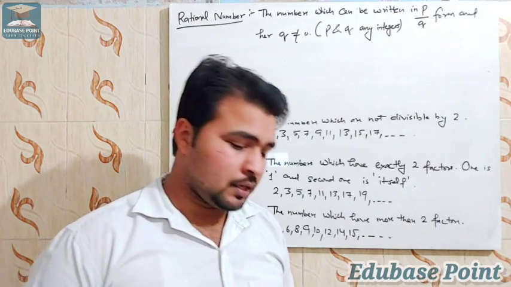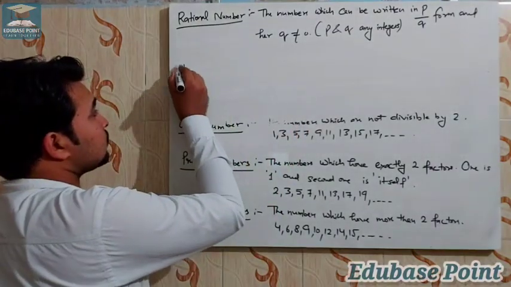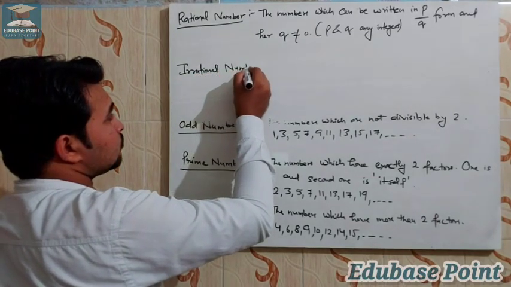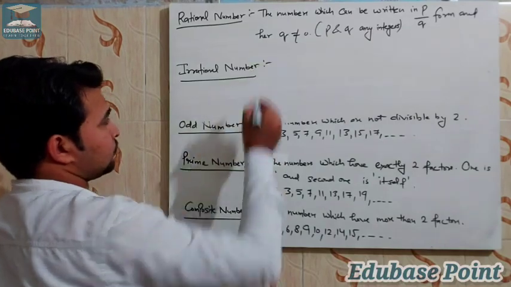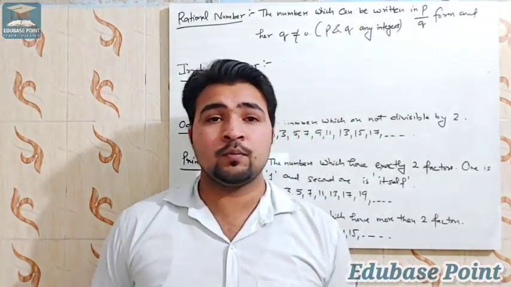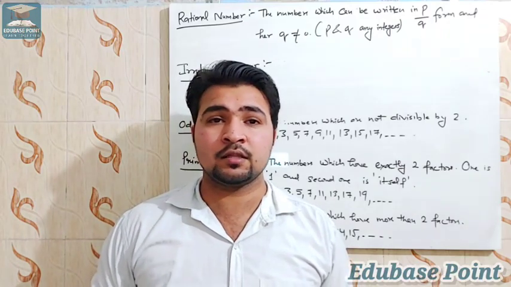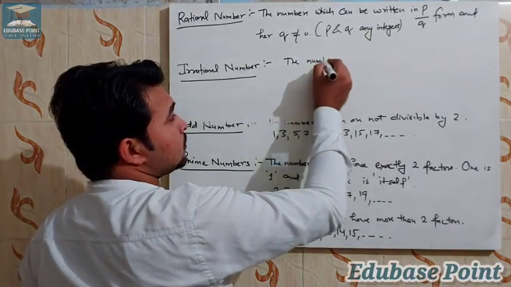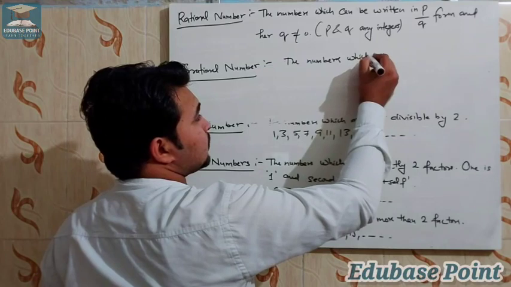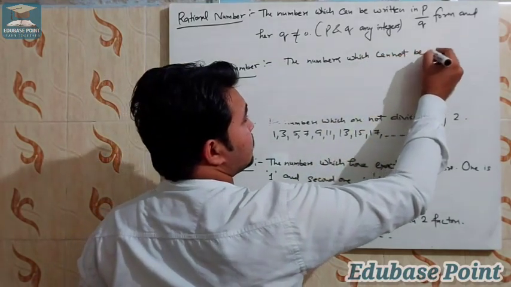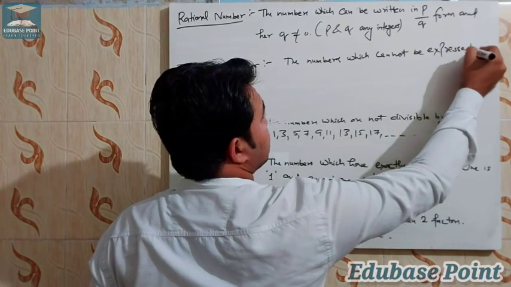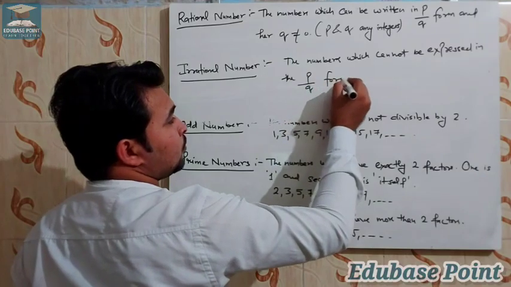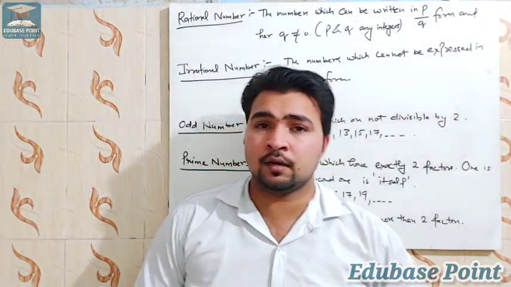Okay, the next number is the irrational number. You can simply say that the numbers which cannot be expressed in the P upon Q form are called irrational numbers.